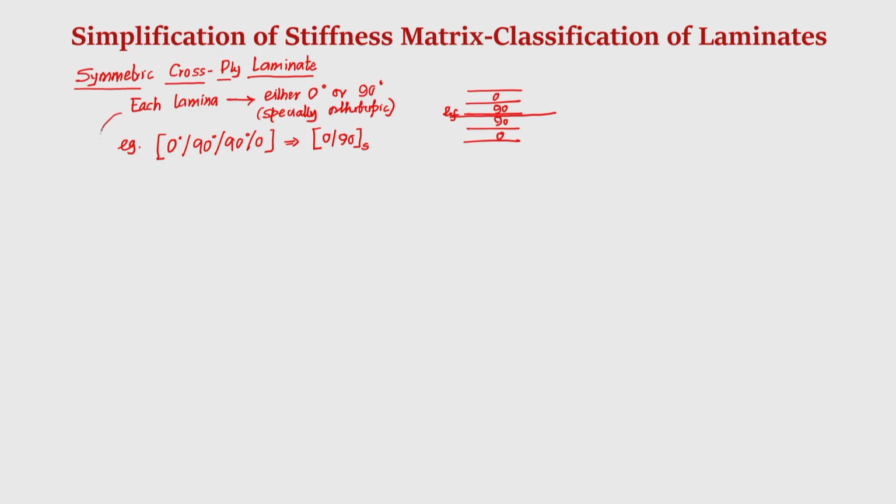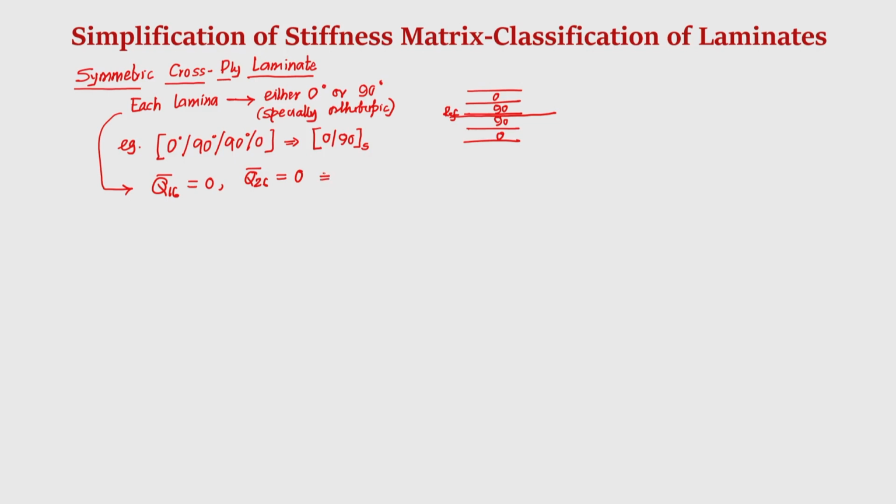Because each layer is specially orthotropic, Q16 bar is equal to 0. Please remember what a special orthotropic lamina is. In the Q bar, the reduced transformed stiffness matrix, the 1/6 and 2/6 terms are not there. That means there is no shear extension coupling in a special orthotropic lamina.